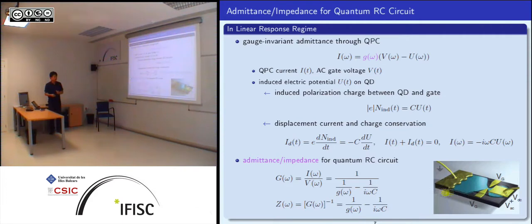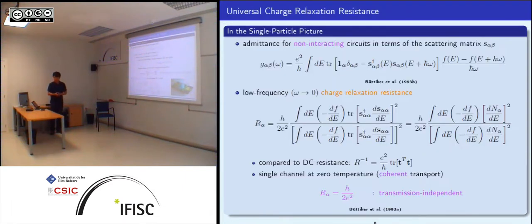This comes from the capacitance between the quantum dot and the gate, which is just this formula. This is the impedance from the capacitance, and the information on the resistance is contained here. So we need to calculate this admittance by using various methods.